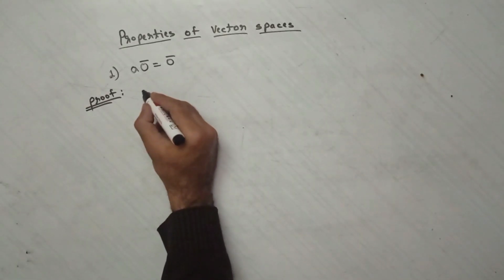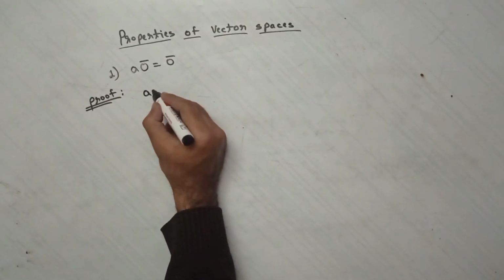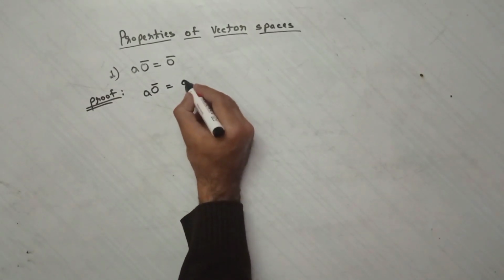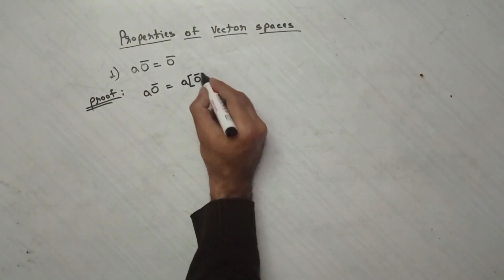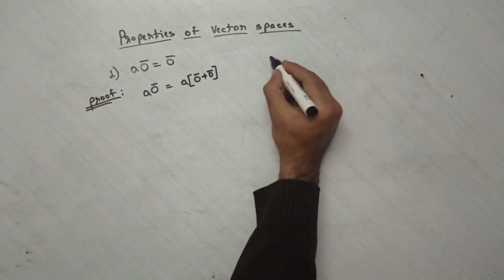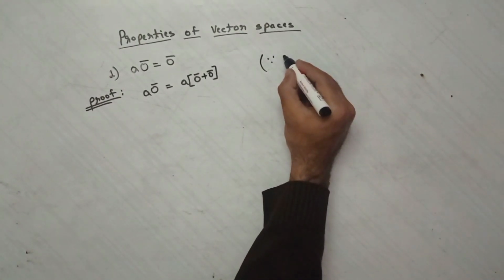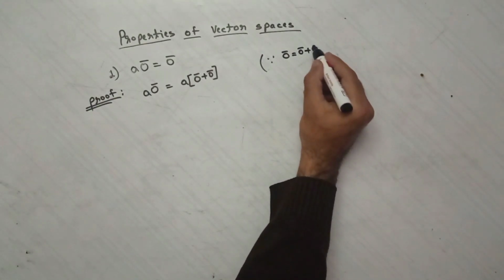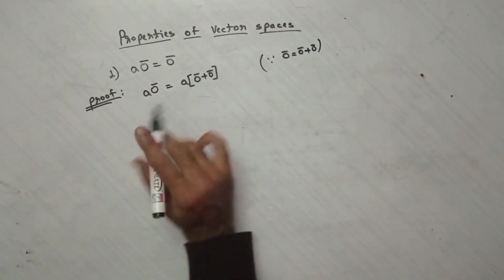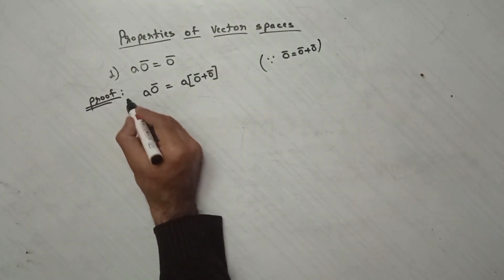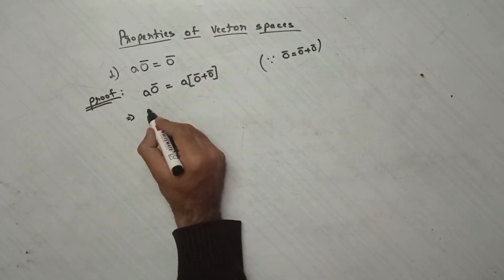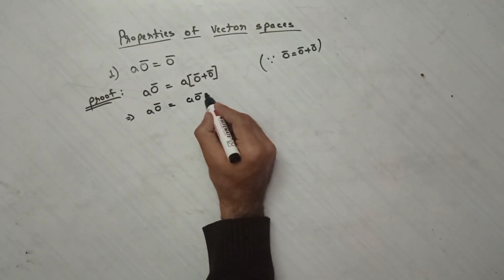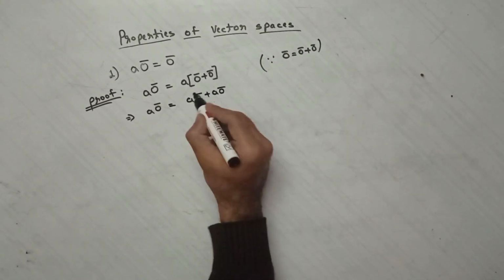If we take the left hand side, it's a of zero vector, and we can write it as a of zero vector plus zero vector, because the addition of two zero vectors is again the zero vector. We need only two, so we take these two.